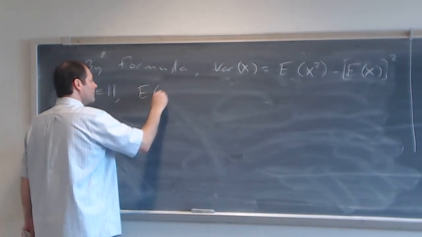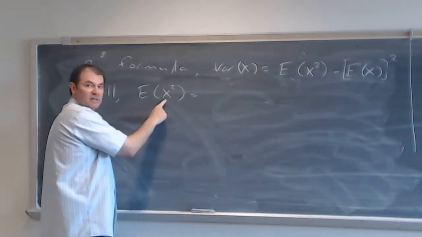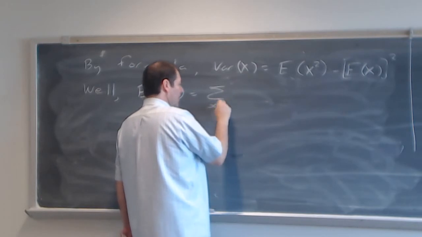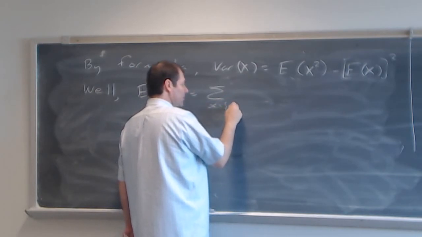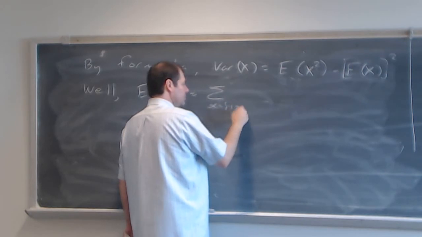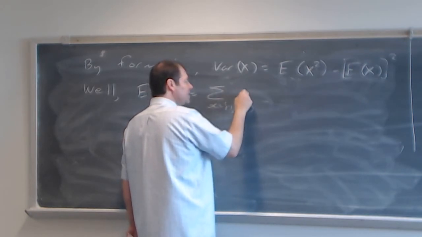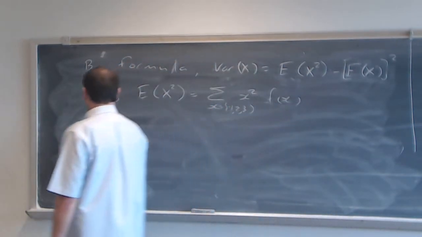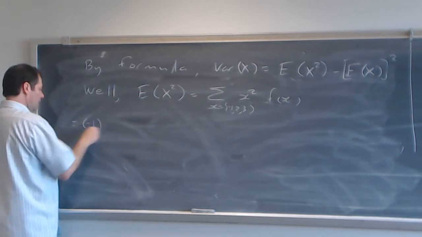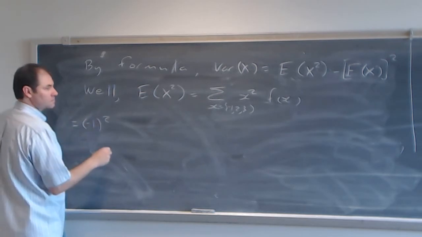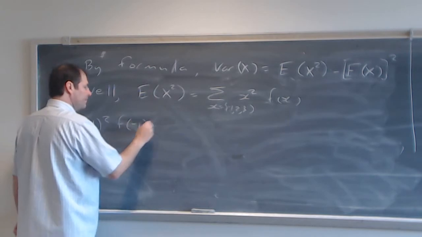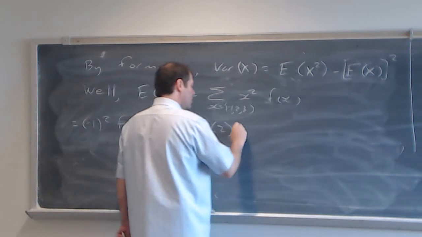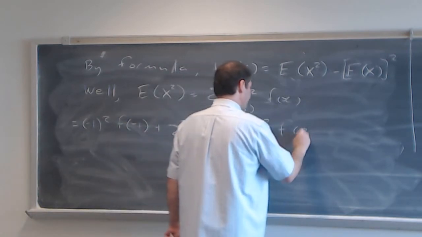The expected value of X squared is the expected value of a function of X. That's equal to the sum over all X values, here -1, 2, and 3, of g of x, where g of x in this case is x squared, times f of x. That's -1 squared times f of -1, plus 2 squared times f of 2, plus 3 squared times f of 3.